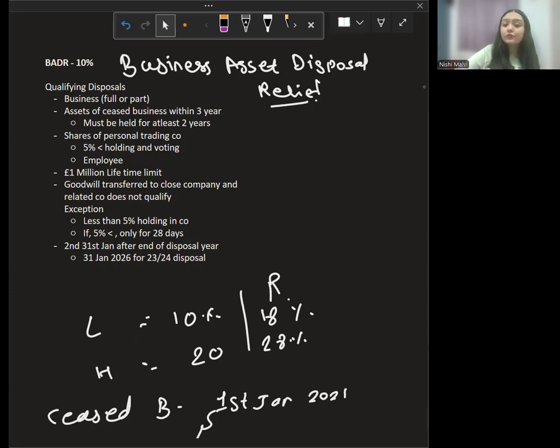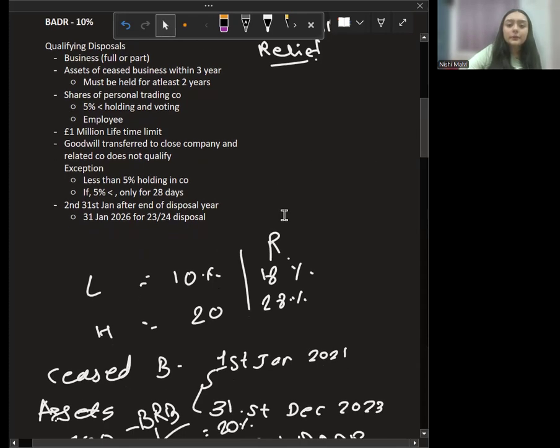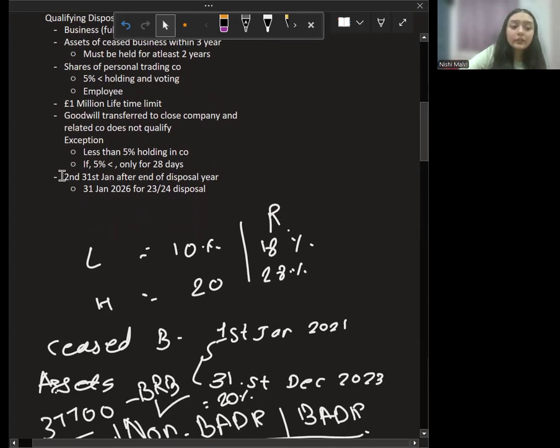Or else, if your holding is more than 5%, then the other condition is that you must sell your whole business within 28 days, or you'll sell or dispose of the whole shareholding within 28 days. Then only you can claim BADR on the goodwill.